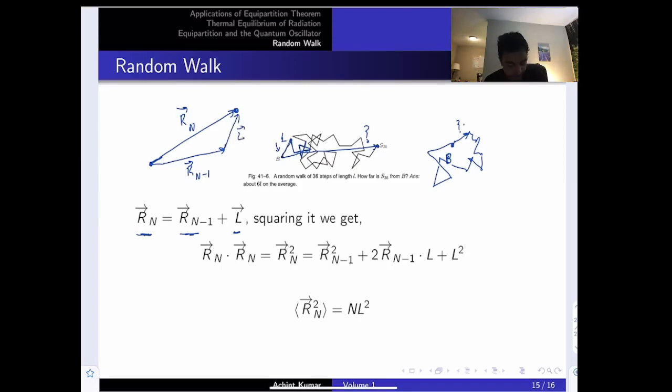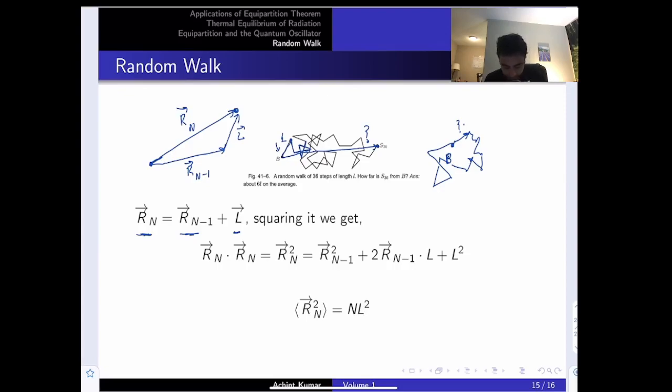So we have Rn equal to Rn minus 1 plus L. Now I square this expression, so I get Rn dot Rn, which is Rn squared, equals Rn minus 1 squared plus 2 times Rn minus 1 dot L plus L squared.